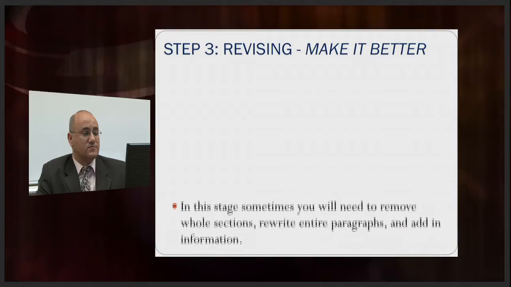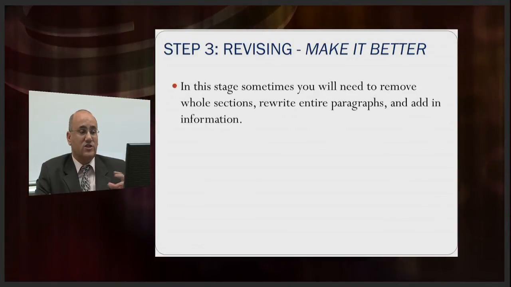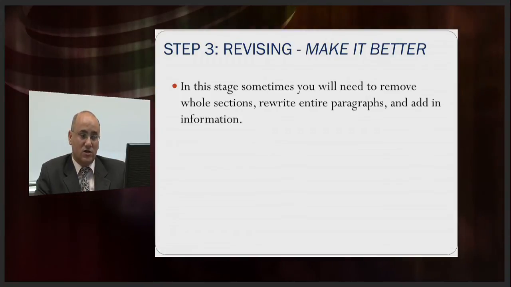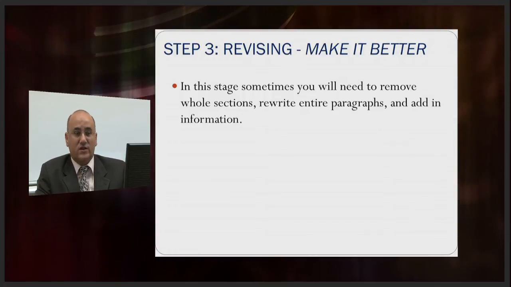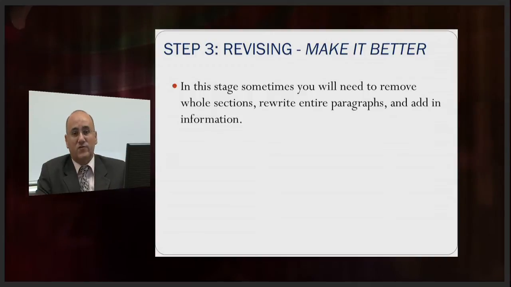Stage number 3 is revising. How can we make it better? In this stage, sometimes you will need to remove whole sections from your writing, or rewrite entire paragraphs. Or sometimes you need to add some information.